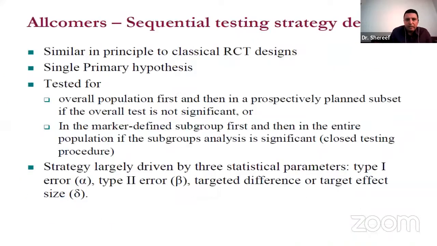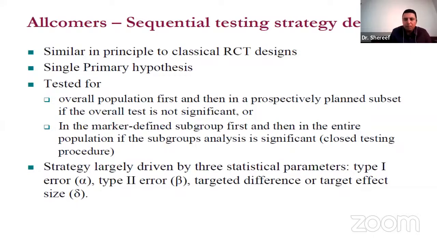I will give you an example for that. Before that, there are two ways of doing this, for testing for all comers and looking for the biomarker. First, you can compare experimental versus control arm in the overall population, and then look at the subgroup having the biomarker. The other way is to have the comparison in the biomarker positive group, and then if positive, to look at the comparison in patients irrespective of the biomarker.